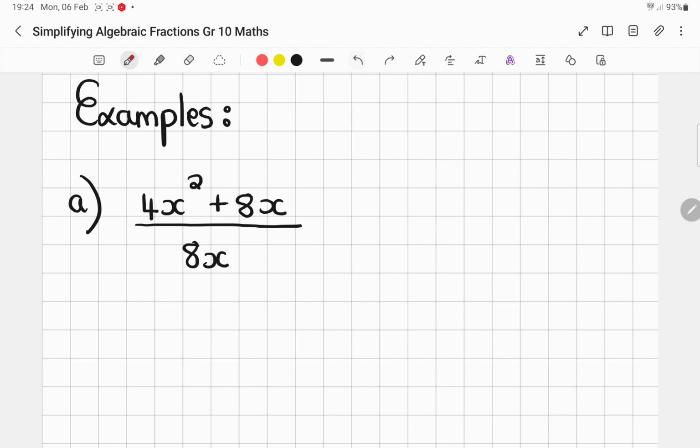Why? Because there's two terms at the top here. So if I factorize, then I can go and delete, because then I've made the two terms over here into one term. And what can I factorize it as? I can take out an HCF. Always start with an HCF. And after that, if you can't, then you start looking: is it two terms, is it three terms, etc.